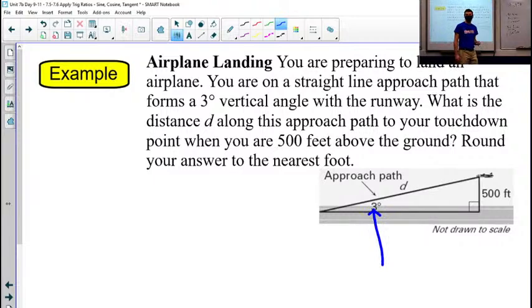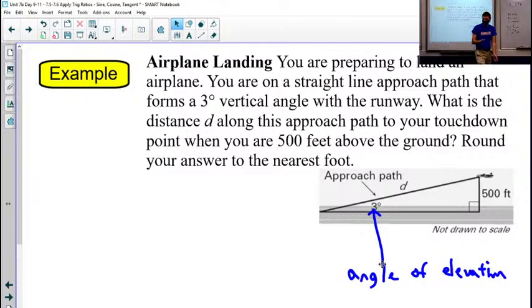By the way, this angle here has a name. Anytime we have an angle that is going from the ground looking up at something, it was the same with the first one we did with the building. When we were on the ground looking up at the building, we said that angle is 80 degrees. That angle is called an angle of elevation.